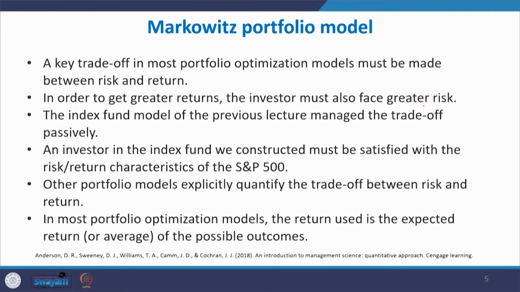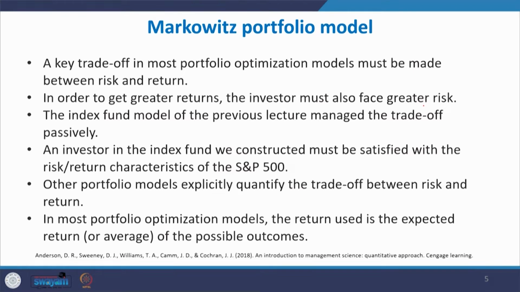The index fund model of the previous lecture managed the trade-off passively. What is the meaning of this trade-off passively? We did not consider the variance of the portfolio, we considered only the mean of the returns. We did not consider the variance of the return, only the mean of the return.